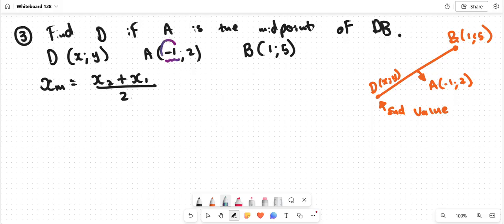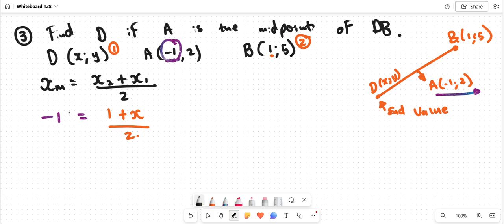So this negative 1 here, we're going to substitute for the x of the midpoint because it tells us that A is the midpoint. And if I label this number 1 and this number 2, the one that I don't have is the x of 1. But I have the x of 2, which is this one here. So it will be 1 plus an x. X of 1 I don't know, so I put an x there. And I divide this by 2.